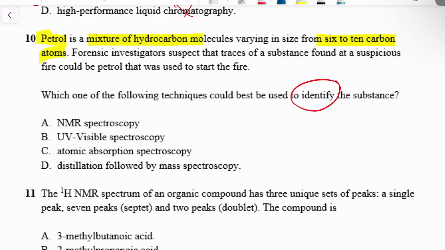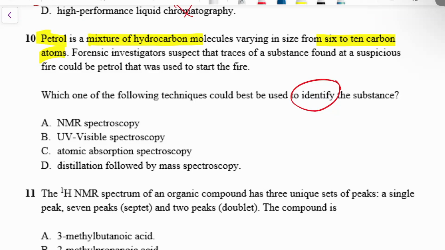So the signals in NMR spectroscopy are going to look very similar to each other, and it's going to be very difficult to identify what the hydrocarbon actually is.